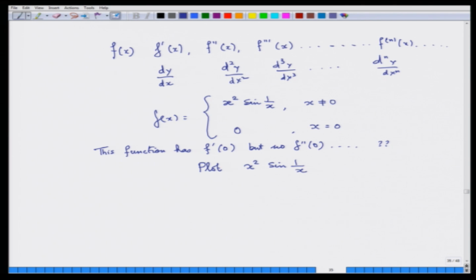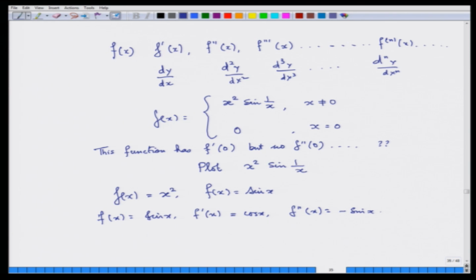So a function can have derivatives nth time and all. For example, f(x) equal to x square, f(x) is equal to sin x. For example, let us take f(x) equal to sin x. f dash x is cos x, f double dash x is minus sin x.